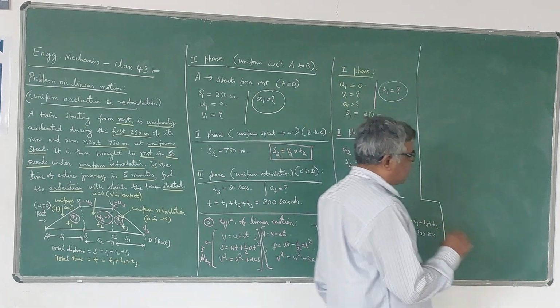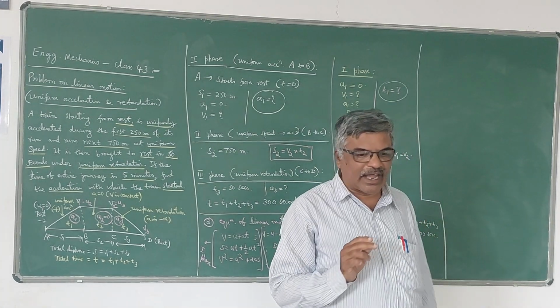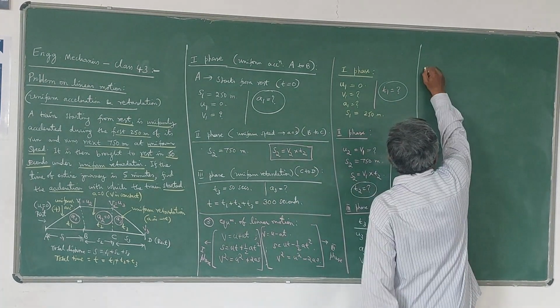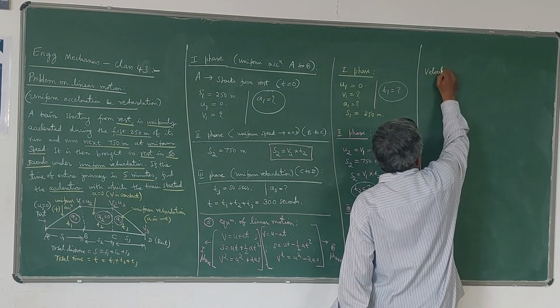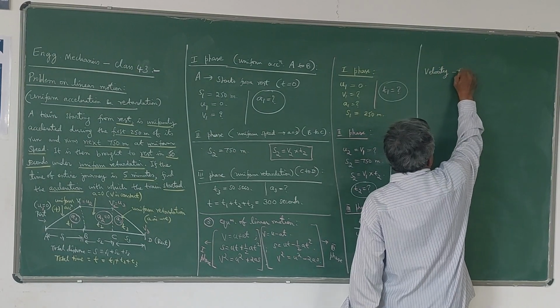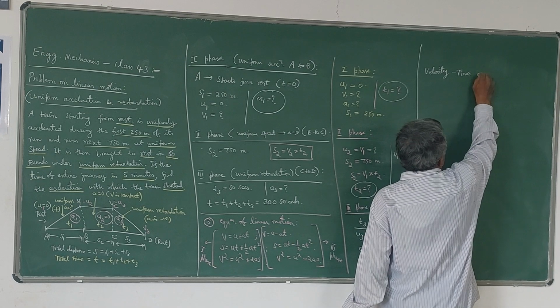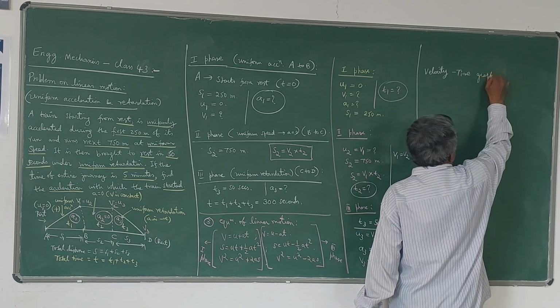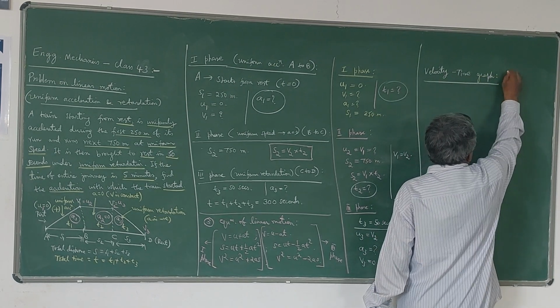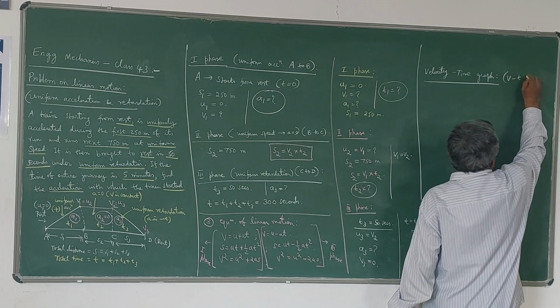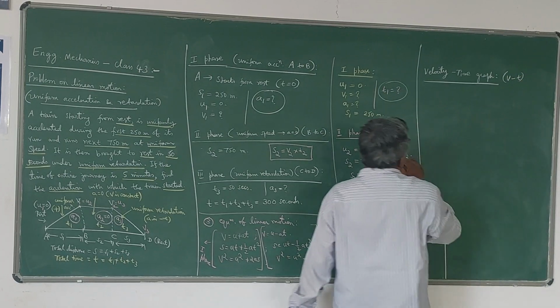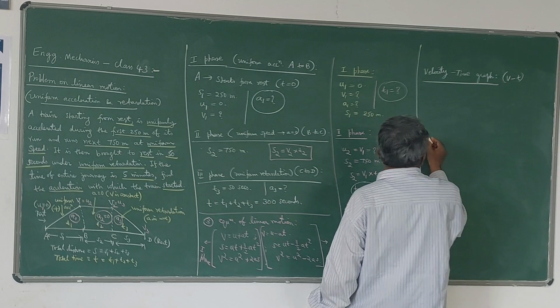So now let us try to draw that velocity time graph for this and we will solve it. So please understand this problem clearly so that any problem of this kind we can solve by just understanding this VT diagram or VT graph. Here the thing is same thing I am going to write here.